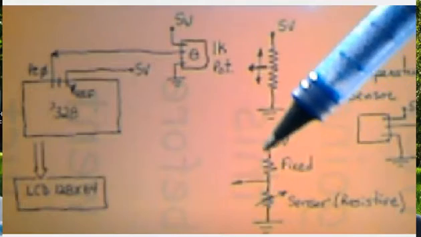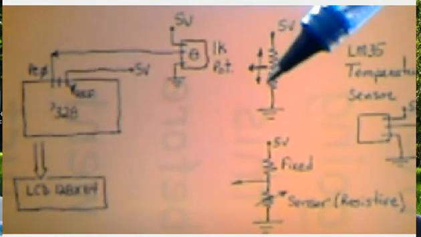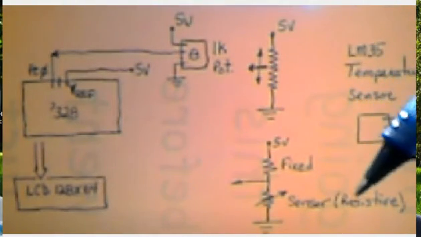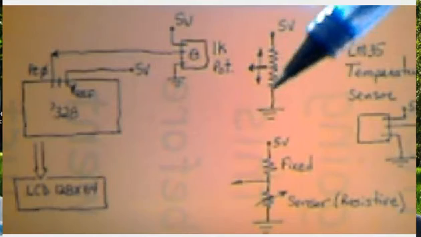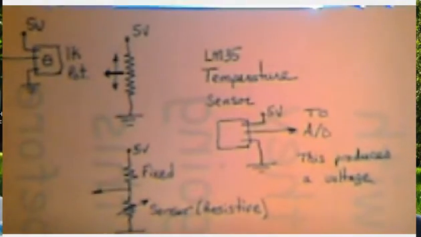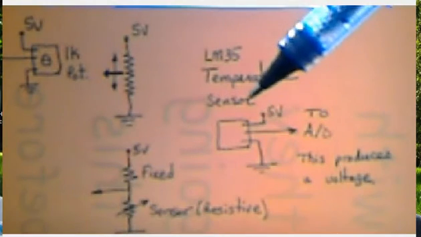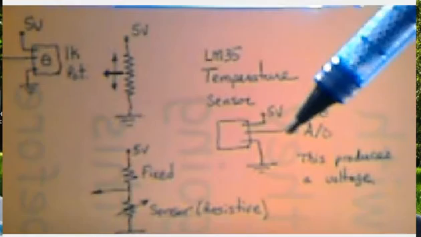So this construction is slightly different than using a potentiometer, although they're very similar. There are many sensors that are resistive that would fit into this category. If you are using a potentiometer, of course you want to use the previous configuration. There are some temperature sensors, like the LM35, which produce a voltage given a temperature.